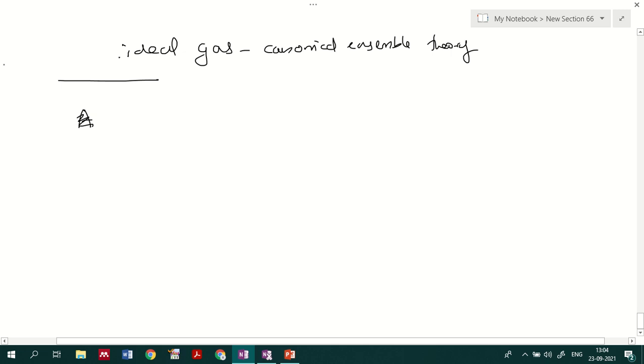Okay, so let me just list out all the classical ideal gas parameters here.